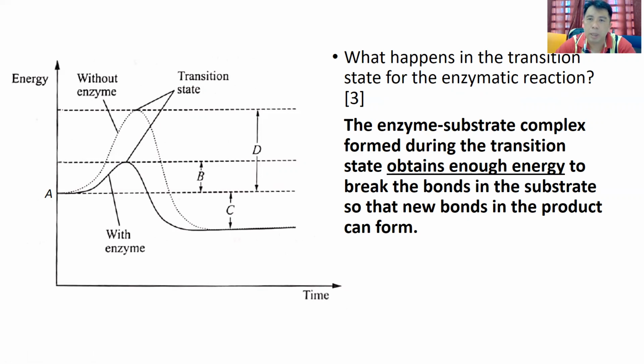Then the enzyme-substrate complex obtains enough energy to break the bonds in the substrate so that new bonds in the product can be formed. Okay, so this is how we answer the structure questions.